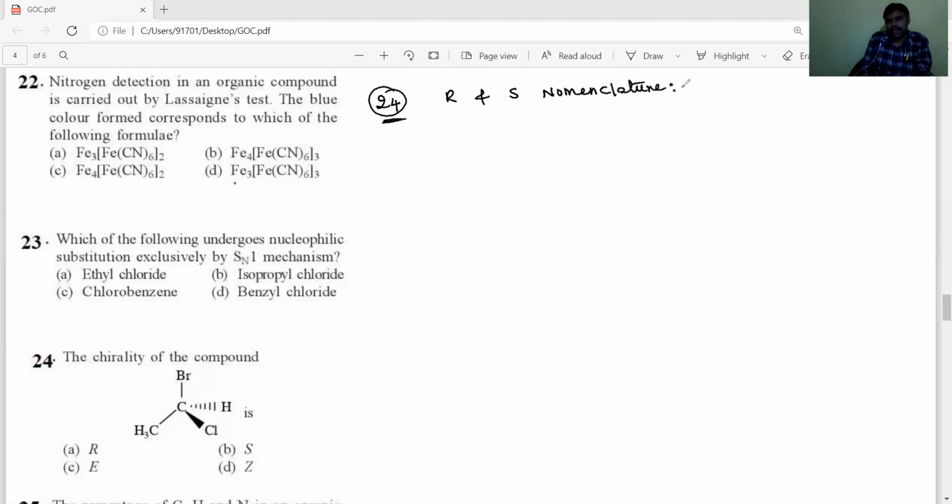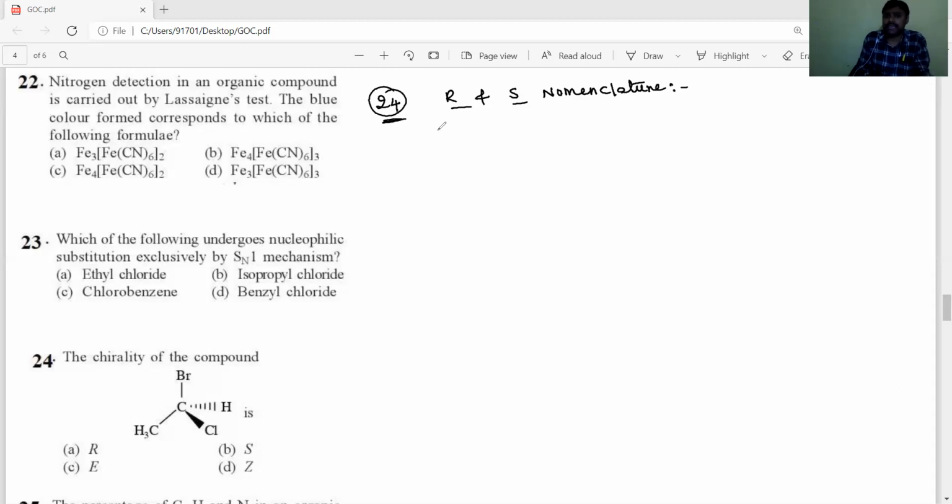So how do we write the RS nomenclature? When the asymmetric or chiral carbon has four groups attached, if they are arranged in a clockwise direction, then it is R configuration. If they are arranged in an anti-clockwise direction, then we call it S configuration. Then how do we identify whether they are clockwise or anti-clockwise?